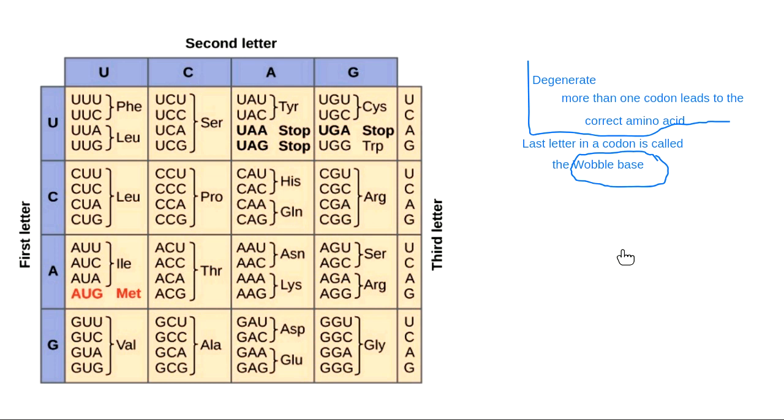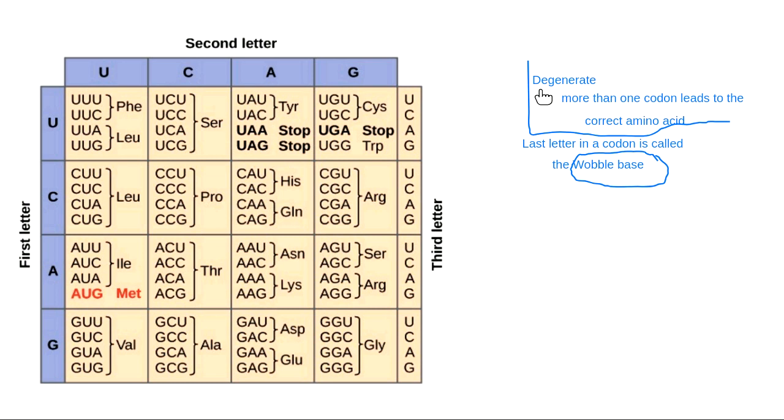That would be an example of us not using the fact that the code is degenerate to help us. What degenerate means is that you can change the wobble base and still get the correct amino acid. If I change something that's not the wobble base, if I change the middle letter, or if I change the first letter, I'm not going to get the correct amino acid.